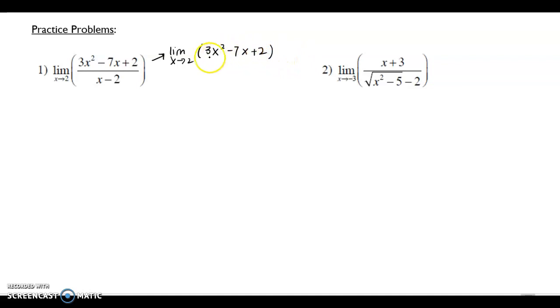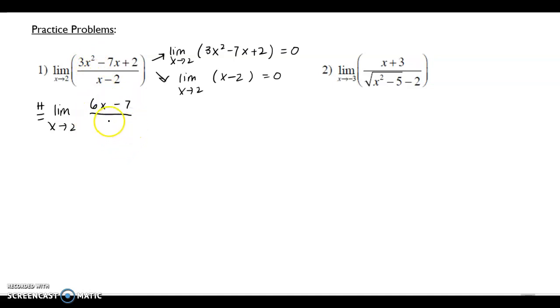If I evaluate this, I would have 12 minus 14 plus 2, that's 0. Denominator, also just 0. And so then I know I can use L'Hopital's rule for this limit. So the derivative of the numerator is 6x minus 7.